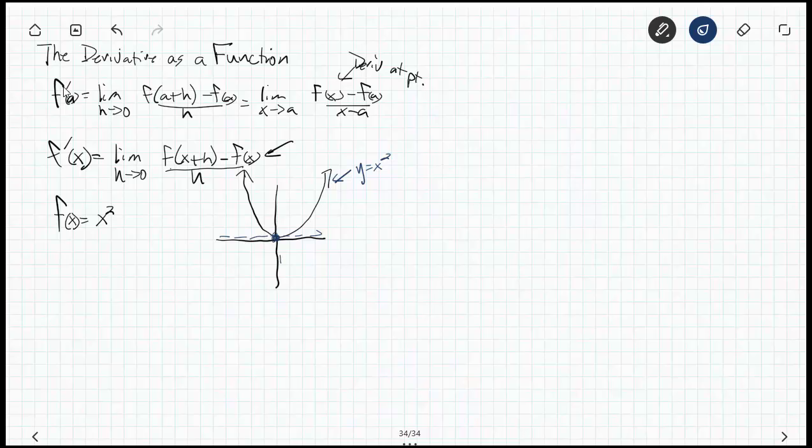Well, it's got to be 0. I know that everything to the left of 0 is going to be negative, so it's going to live down here. And I know everything to the right is going to be positive. When I say everything, I mean the slopes of lines tangent. All the slopes of lines tangent are going to be negative here because it's decreasing, and all the slopes of lines tangent are going to be positive over here because it's increasing.